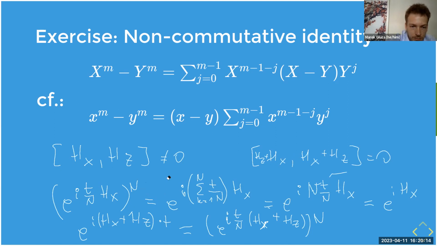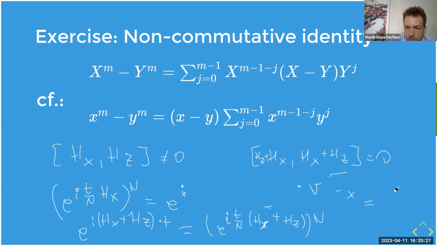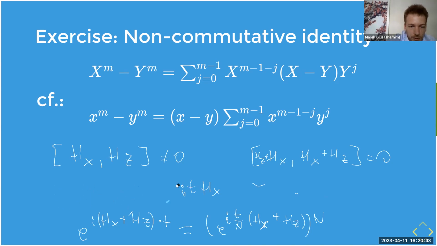I erase it because there are too many things otherwise. If you use this consistently, you have this weird sum, but this weird sum is just t times hx. So this is a trivial use of BCH, and I'm erasing this because we are going to use this for the summation of the Hamiltonian.